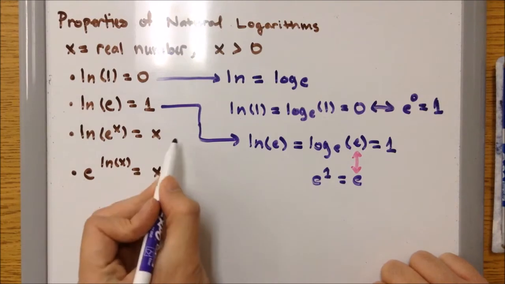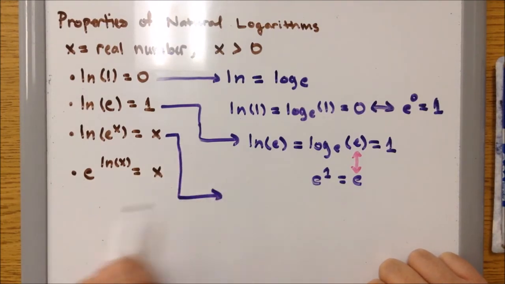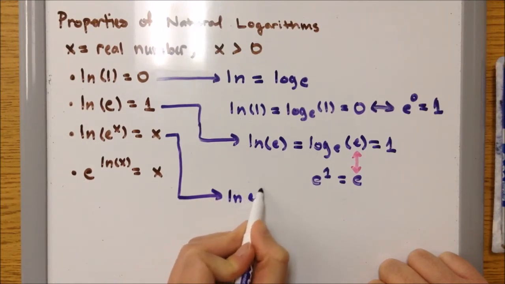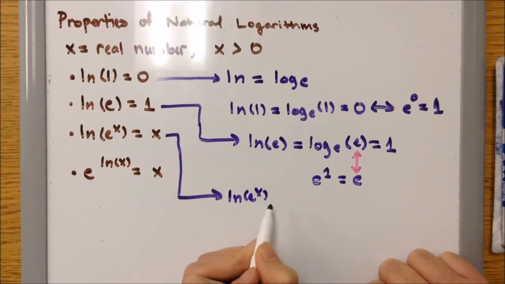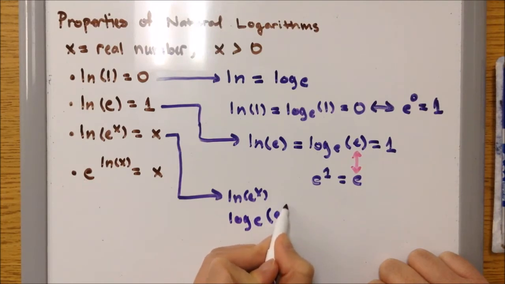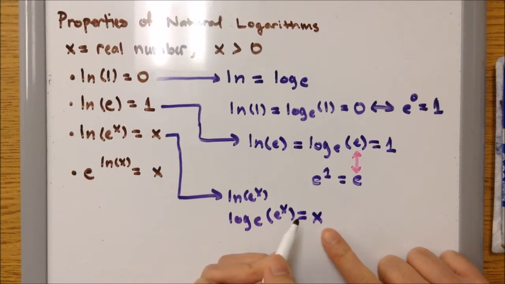And then let me prove why it works. So again, ln of e to the x power, you can rewrite it as log base e of e to the x power equal to x. And again, I use this x from here.